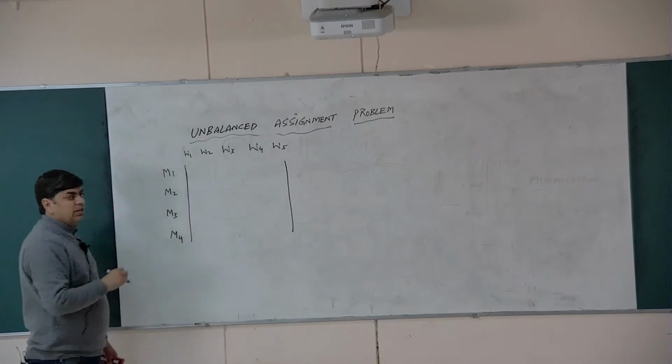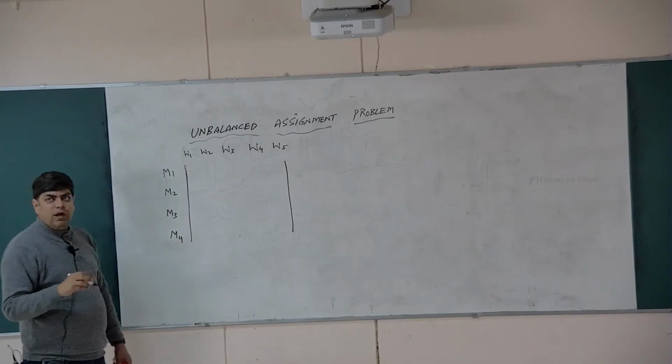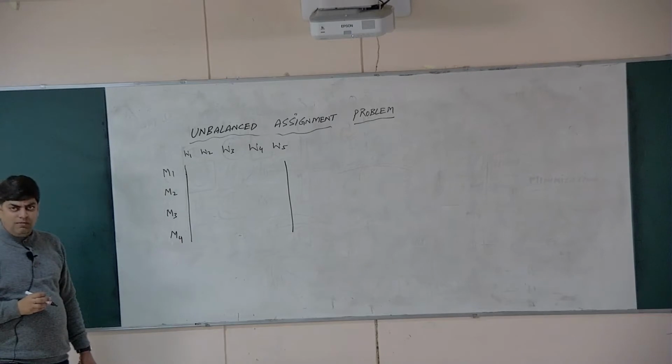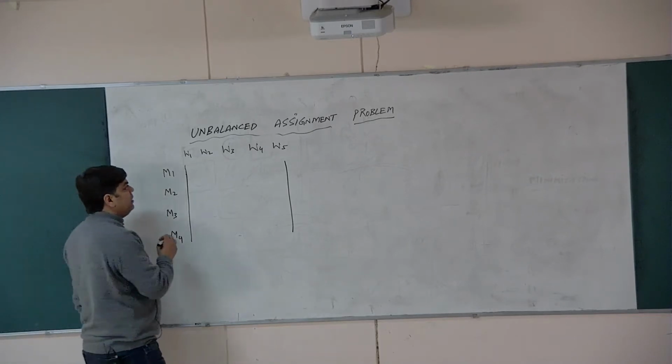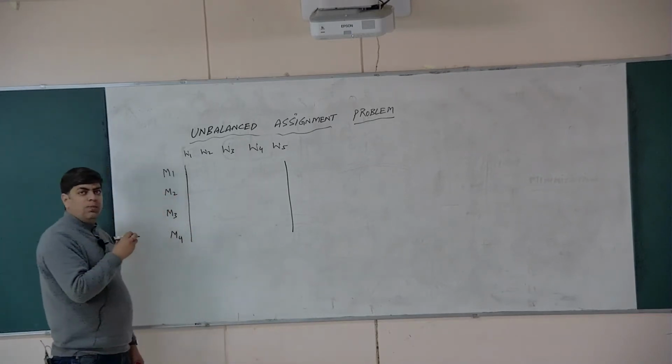Now the matrix here shows the numeric values in time in terms of hours to complete a specific job. Let us say the job on a lathe machine.